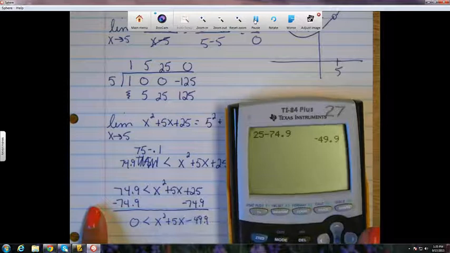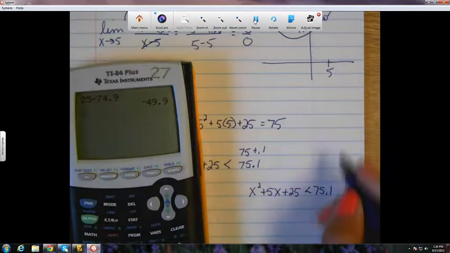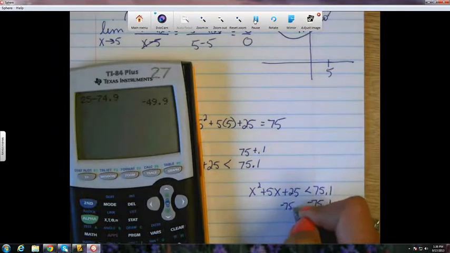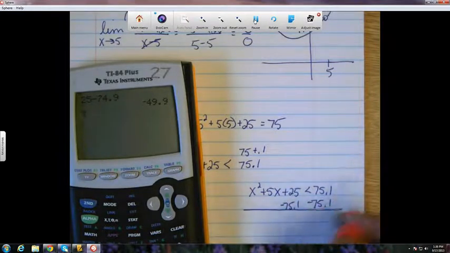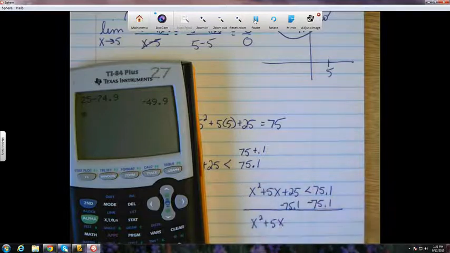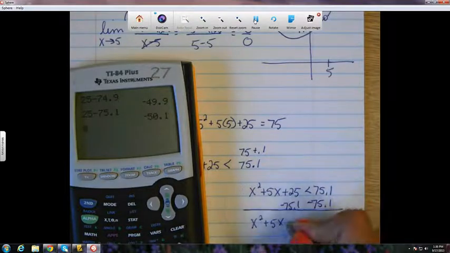Back to that. Over here, let's subtract 75.1. X squared plus 5x, and then 25 minus 75.1 is minus 50.1.